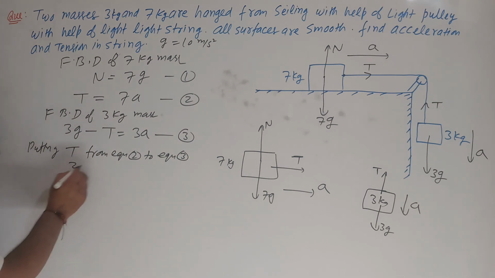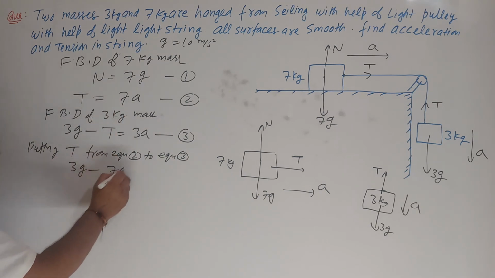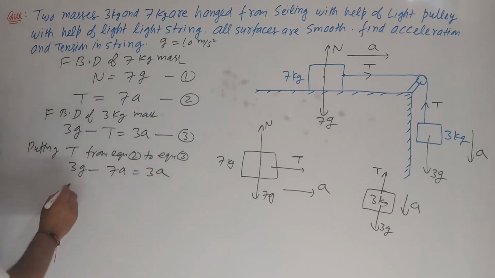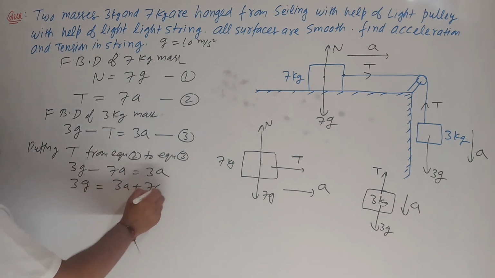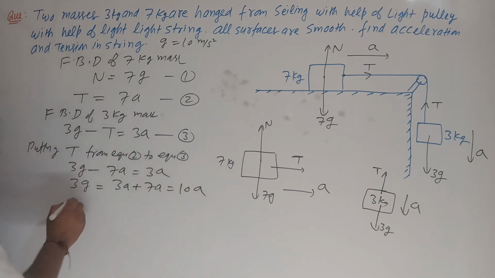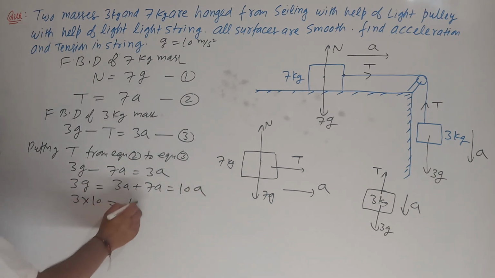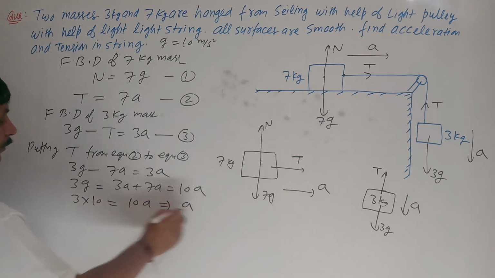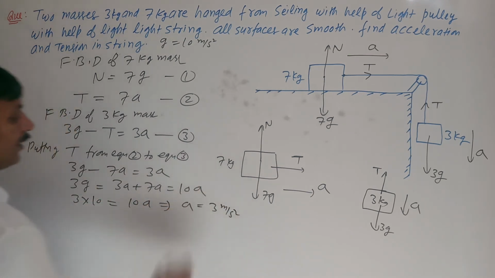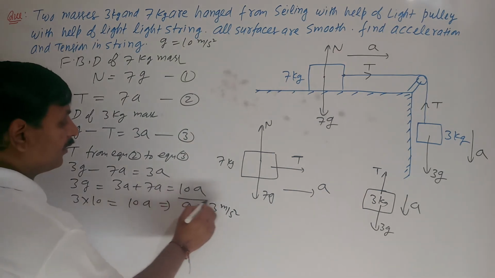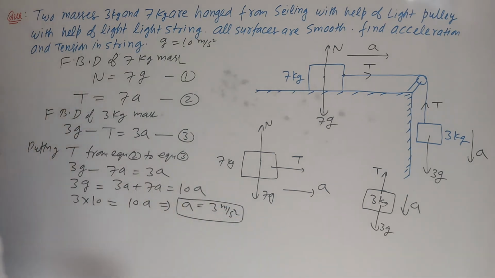So 3g minus 7a is equal to 3a. 3a plus 7a, that is 10a, g I have taken as 10. So a is equal to 3 meter per second square. This will be the acceleration. a is equal to 3 meter per second square.